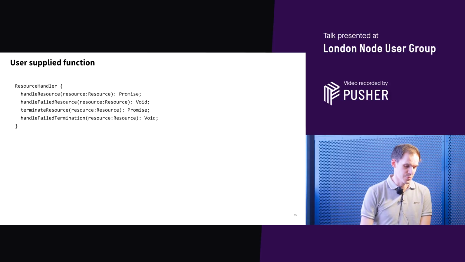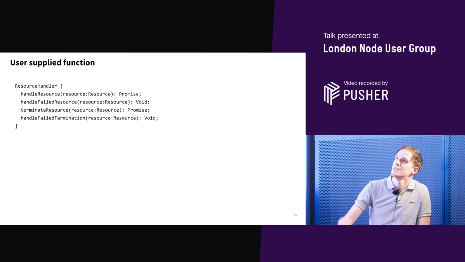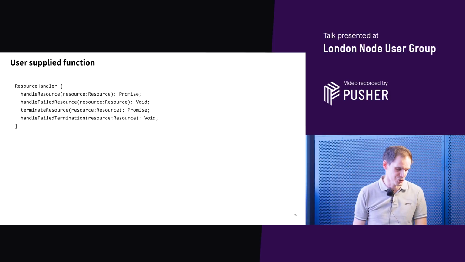The user-supplied function is actually an object that a user supplies in the config when they start the resource manager. This is a TypeScript interface definition of what that object should look like. There's the handle resource function, which is your main function for setting up your real-time connection.